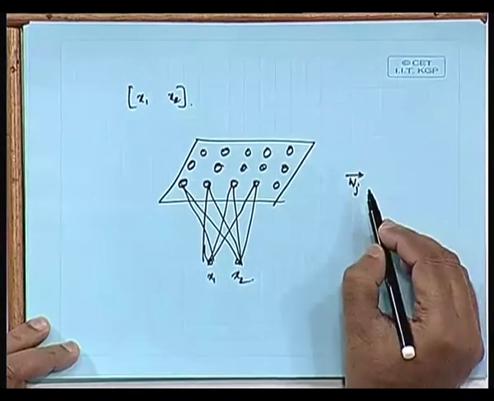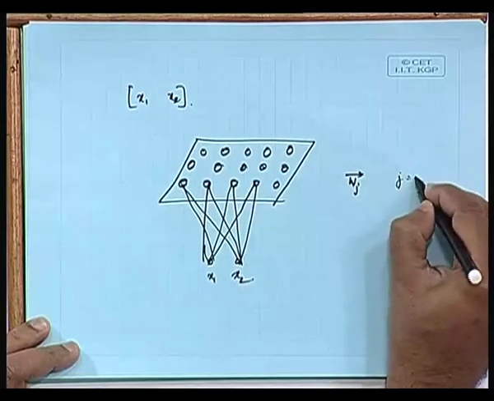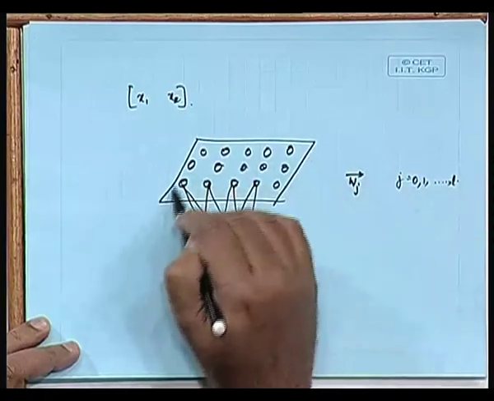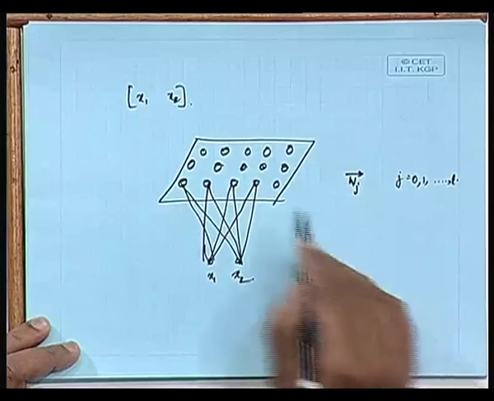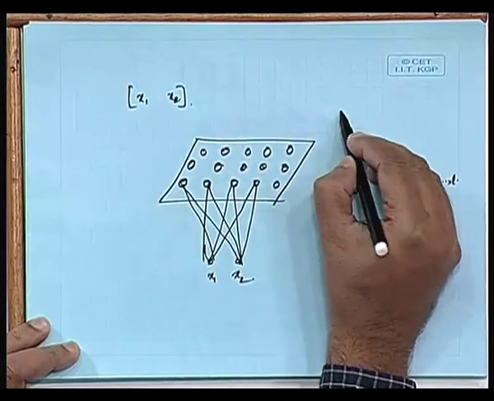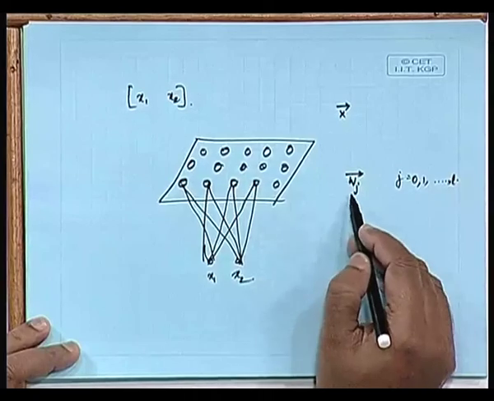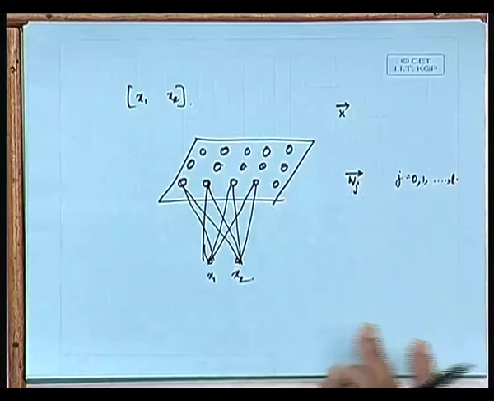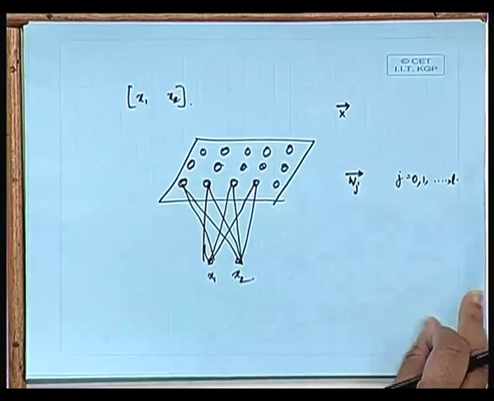So, a two element wj vector will be associated, where j is equal to 0, 1 up to L, where there are L number of neurons in this output layer, correct. So, we have got a two element input, that is the x vector is two element, and the wj vectors individually are all two elements. So, let us try to visualize this picture.